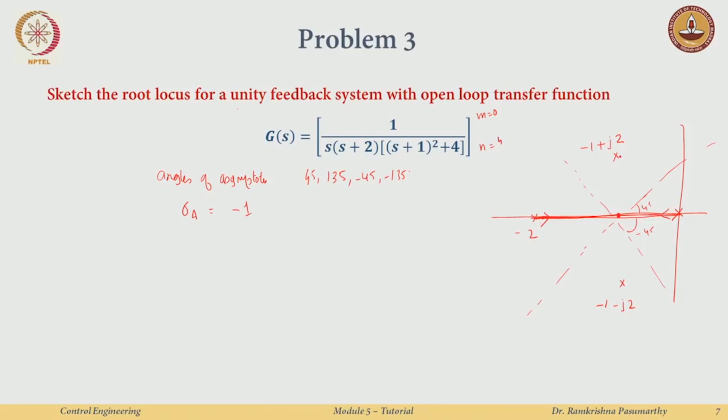Okay. So, let us see where this guy goes, angle of departure from minus 1 plus j2. Okay. So, what are the angles I am interested in? I am interested in this angle, this angle, and this angle. Okay.